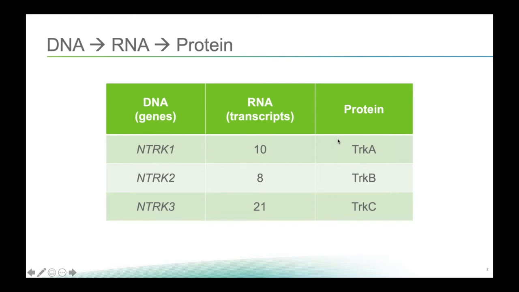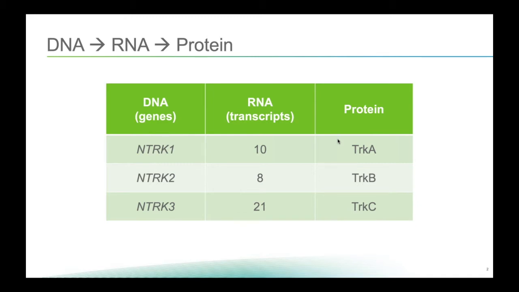Perfect. So the central dogma in genetics and biology is that DNA will give us RNA, RNA will give us proteins, and if we apply this concept to the NTRK genes, we have 3 genes, as everyone knows.